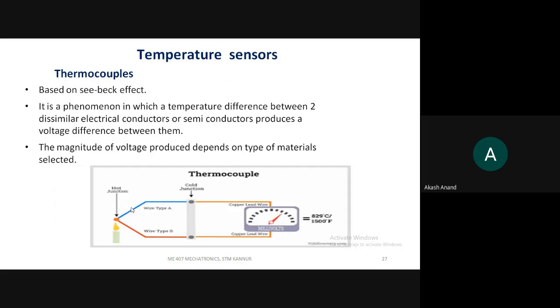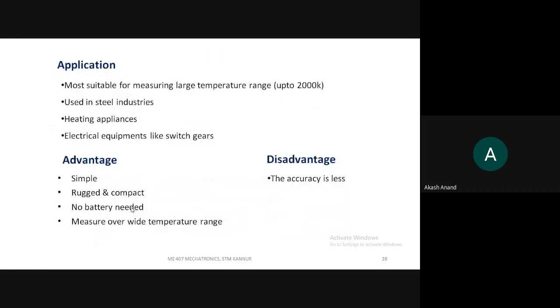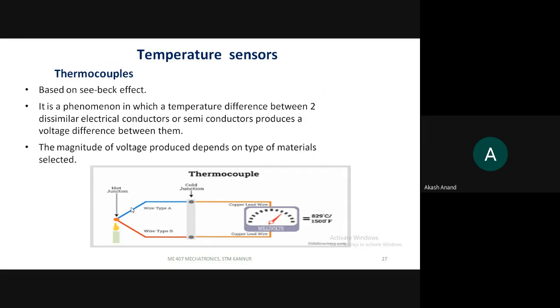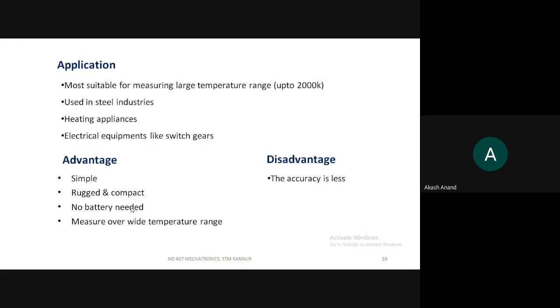That is thermocouple. Yeah, right. So the advantages and disadvantages of thermocouples are: the first advantage, it is simple. You can see that only two metallic conductors are taken and connected to a voltage measuring device, and the other end is given directly an input, that is heat. So the device is simple.